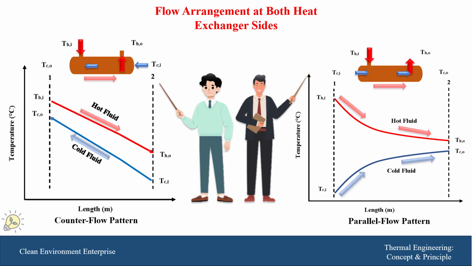On the contrary, if we have a look at the right-hand side graph, the cold fluid enters at T sub Ci, then leaves at T sub Co, and there is no possibility for it to be higher than the exit temperature.